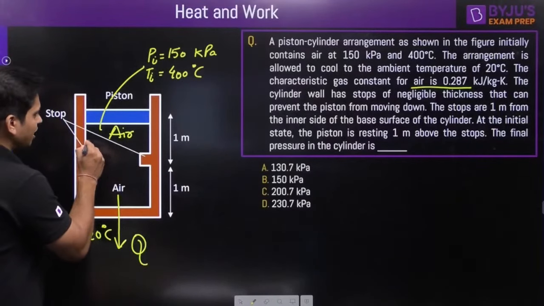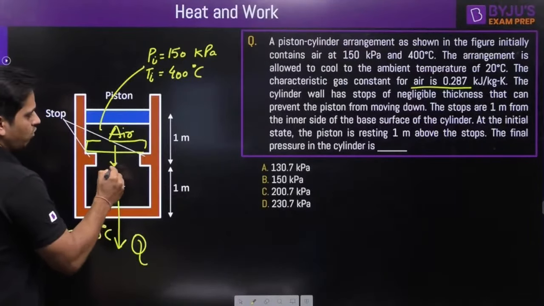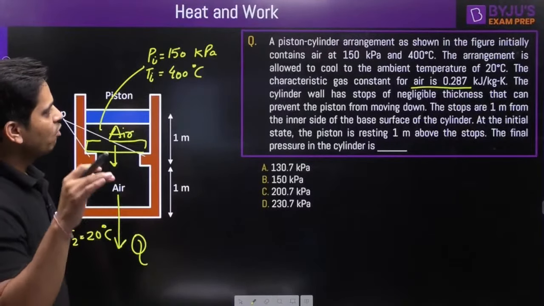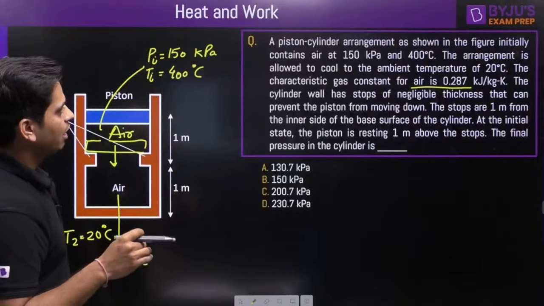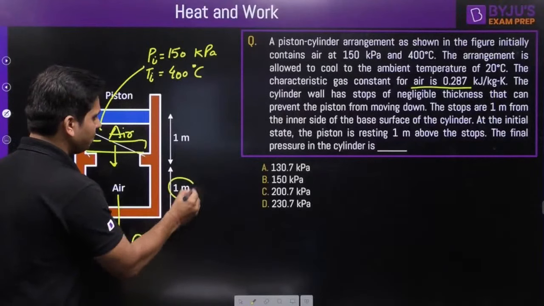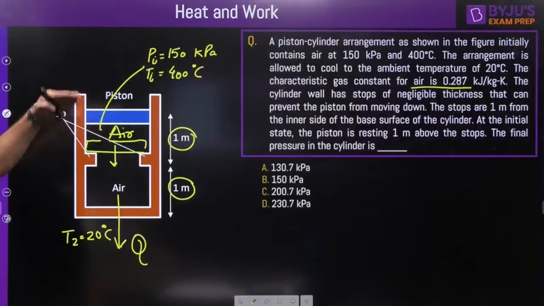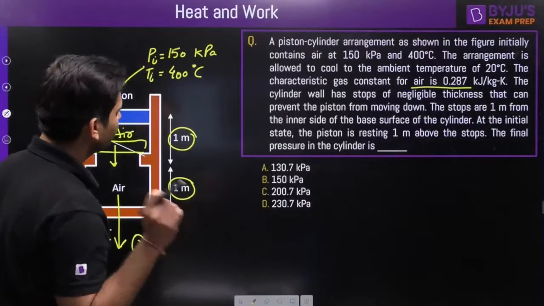Once the piston reaches here, it cannot go further down. The stops are 1 meter from the inner side of the base surface, and the piston is 1 meter above these stoppers in the initial condition.